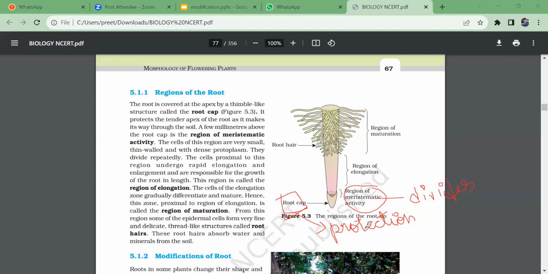This divides, this is for protection. These two regions do not divide. No division. So the root always grows from the tip.